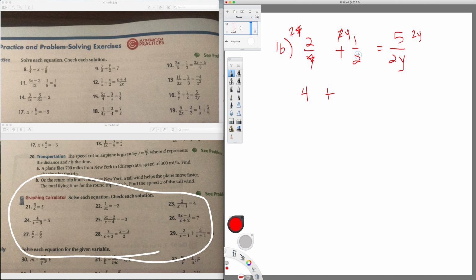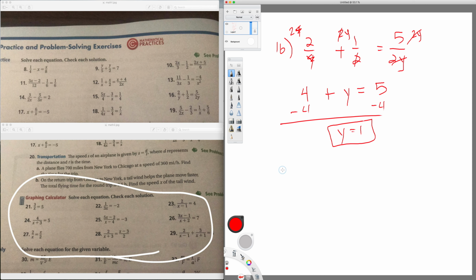Plus the 2 is going to cancel. Y times 1 is y. Equals, the 2y is going to cancel, and you end up with a 5. And I like this one a lot better. I'll take away 4 and get y to be 1. That is quite a bit easier than the previous one that we had.